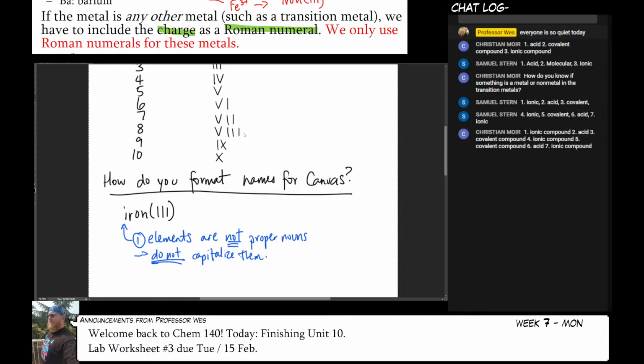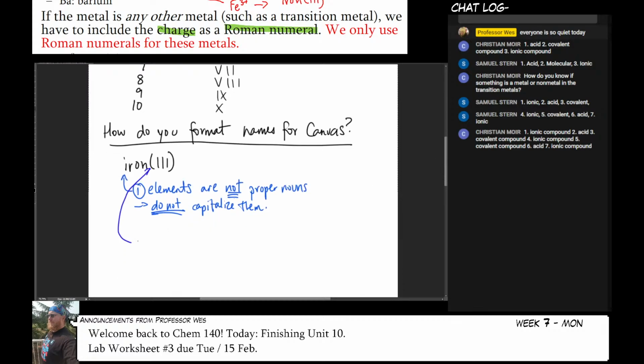Number 2 involves this gap right here between iron and the parentheses. Do not enter a space between the element name and the parentheses.